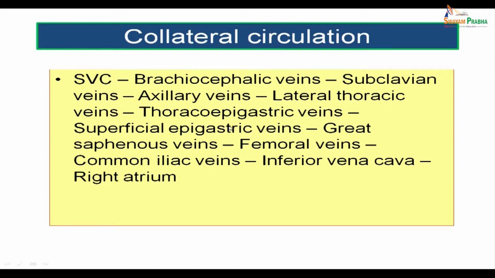So, this superficial epigastric vein will be connected to the great saphenous vein, the femoral vein which drains into common iliac, which forms the inferior vena cava, and this ends in the right atrium. That is how the superior vena caval blood is shunted to inferior vena cava through this engorged vein, that is the thoracoepigastric vein. This is called as cava vena caval shunt.